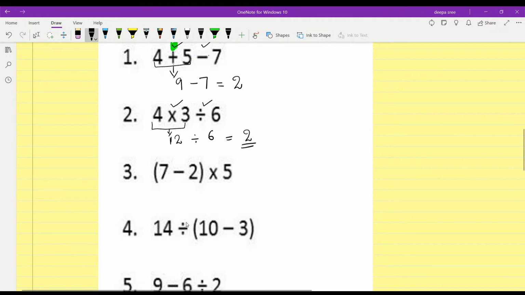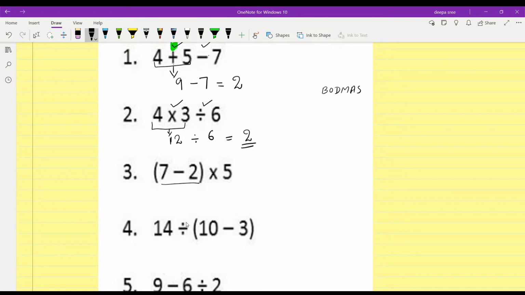Now in the third question, here it is subtraction and multiplication. So we cannot move simply left to right; you have to follow the BODMAS rule. When following it, first we check whether a bracket is there. Yes, bracket is there. Inside the bracket, first you have to simplify.